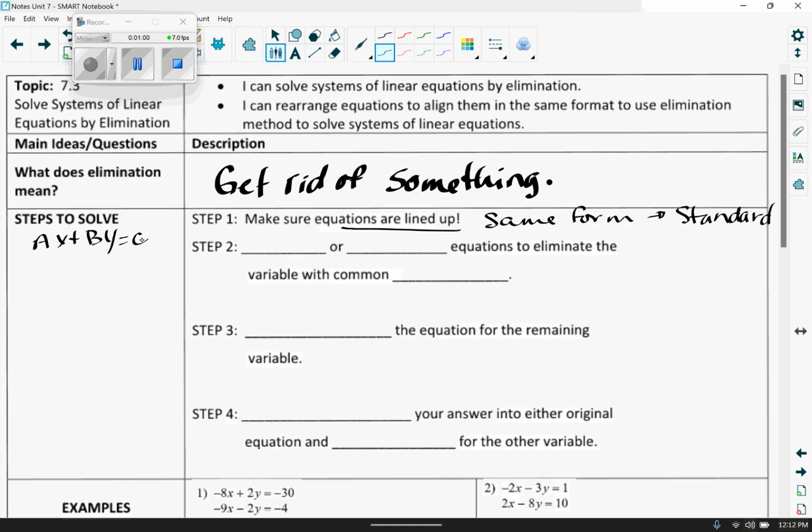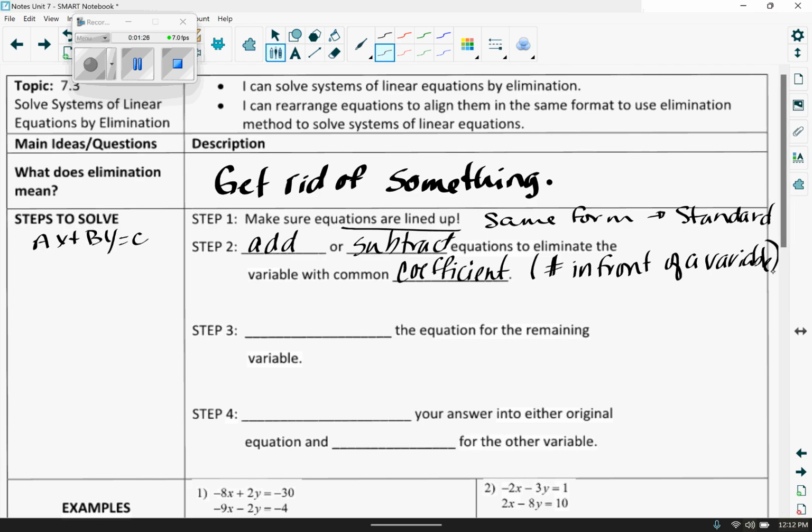All right, and then we're going to either add or subtract the equations and eliminate the variable with a common coefficient. Now, a coefficient is the number in front of a variable. So we're going to get rid of a variable if it has a common coefficient, like a 2 and a 2.